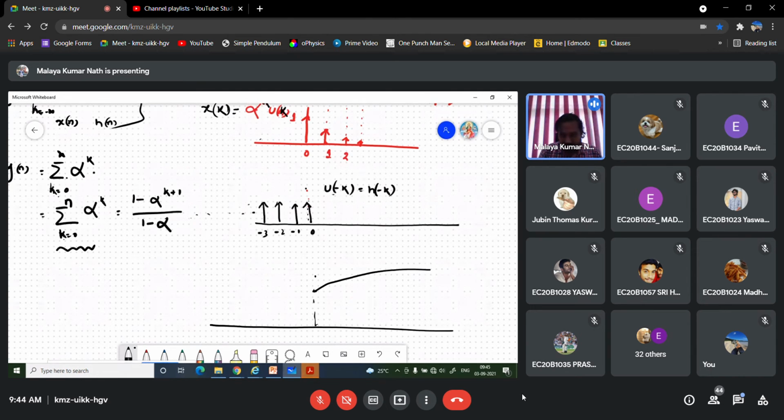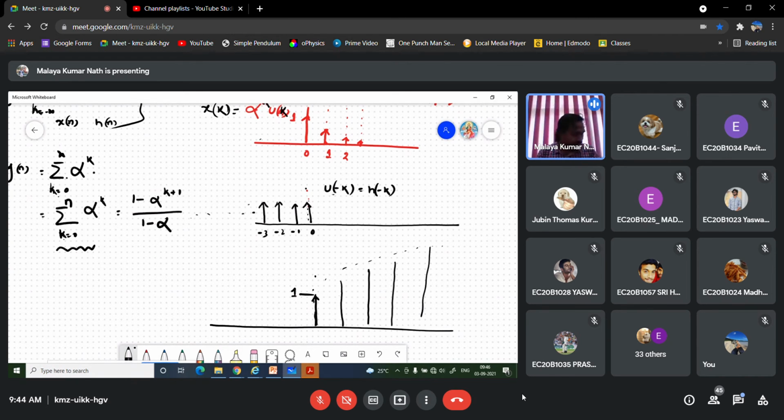As it is a discrete signal, for n is equal to 0 the value is 1, for n is equal to 1 it will increase, for n is equal to 2 it will again increase, n is equal to 3 again increase, 4 again increase. So this will follow a shape like this, and it will continue. Anybody has any doubt, please tell me.